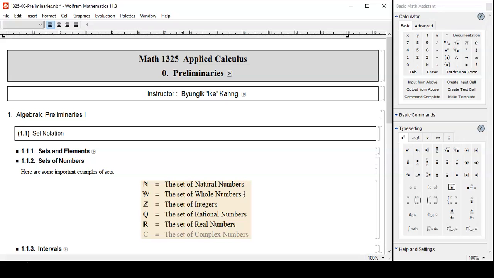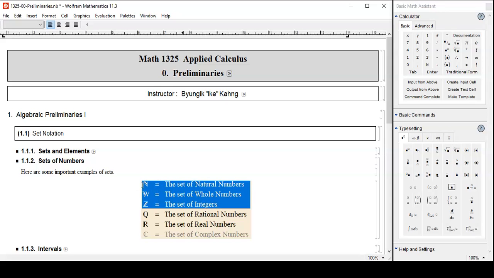The set of whole numbers: 0, and 1, 2, 3, 4, 5, 6, 7, and so on. Now, the set of all integers, not just positive integers, but also negative integers and also 0. So not just 0 and 1, 2, 3, 4, and so on, but also -1, -2, -3, -4, -5, and so on.